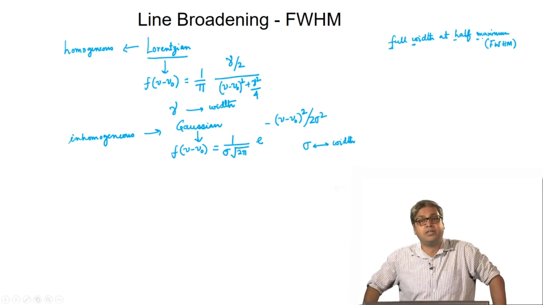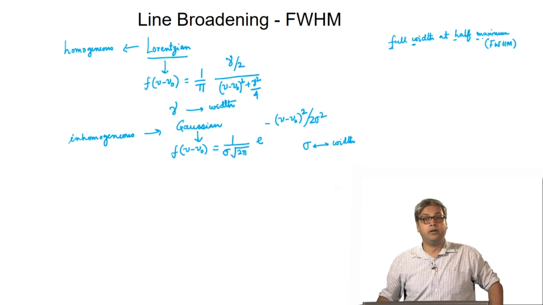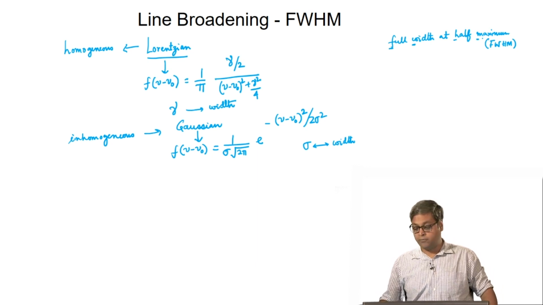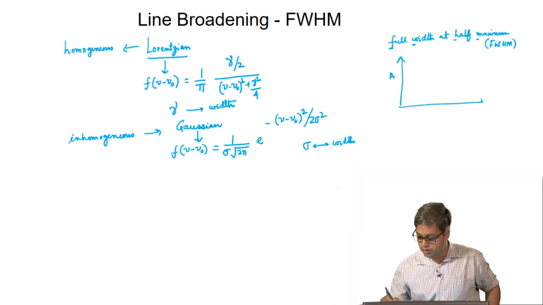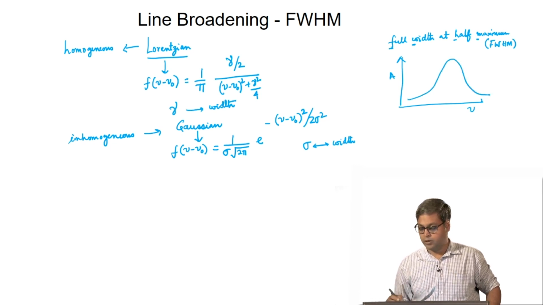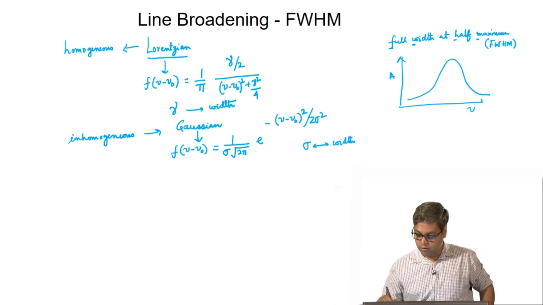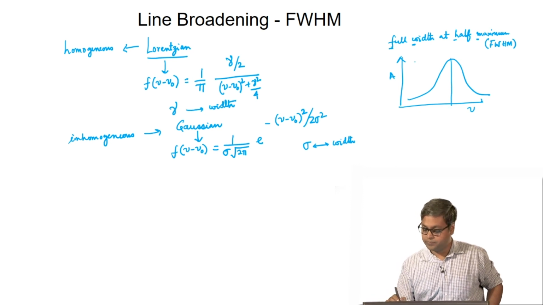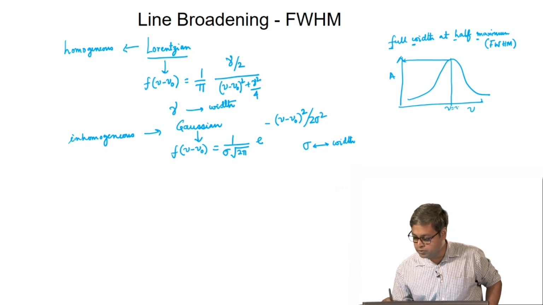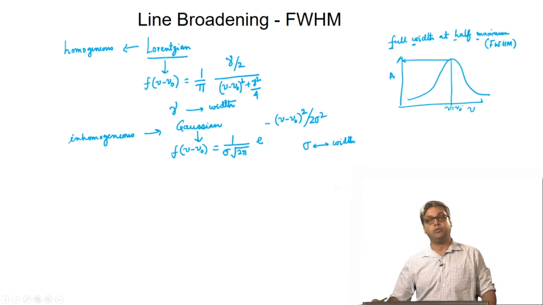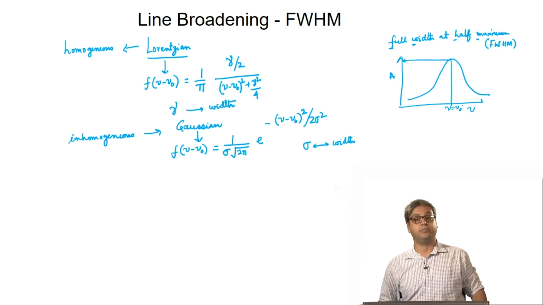So, let us try to understand how to obtain FWHM from a spectrum. Let us say we have an absorption spectrum, so we are plotting absorbance versus frequency. First, we have to find the absorbance at nu equals nu 0, because at nu 0 the absorbance is maximum.